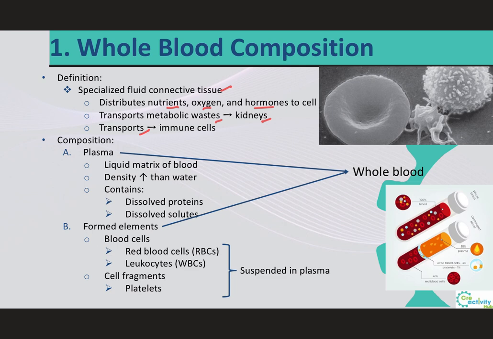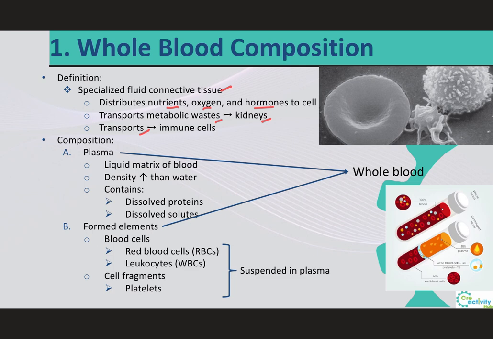Any body cell or tissue that is completely deprived of circulation may die in a matter of minutes. And this is actually why when an individual has a heart attack, if they don't get treated right away, they will die because their cardiomyocytes, which are the cells in the heart, will die from deprivation.